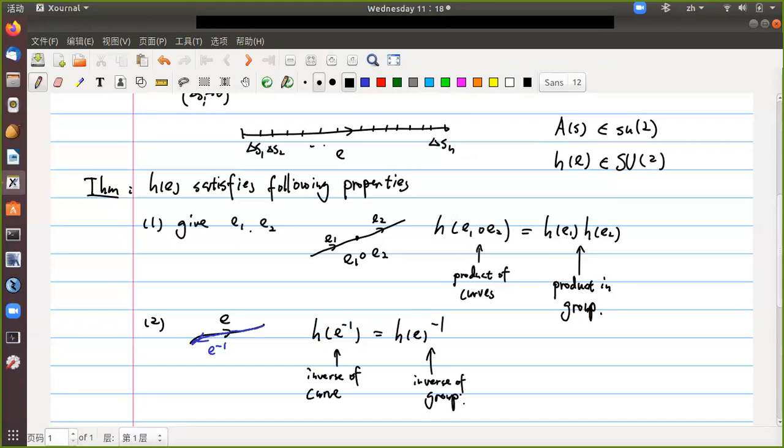From these two properties, you can see that holonomy is a mapping from the space of curves to the group, and this mapping preserves the properties of product and inverse. In the space of curves, you have operations like connecting curves, which is a kind of product, and reversing the curve, which is a kind of inverse.